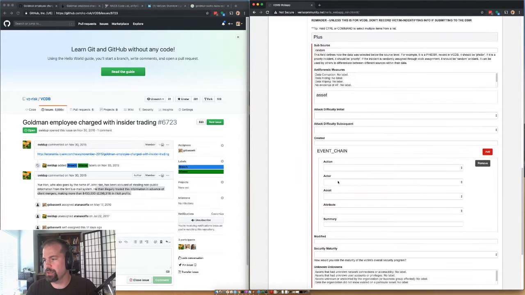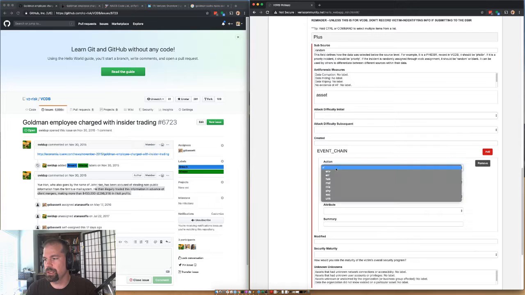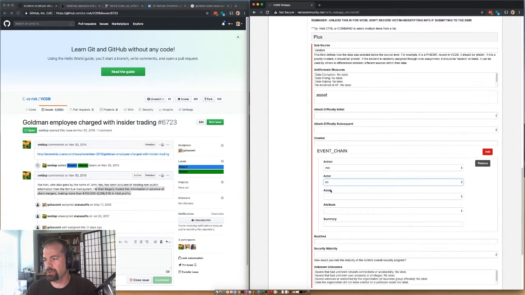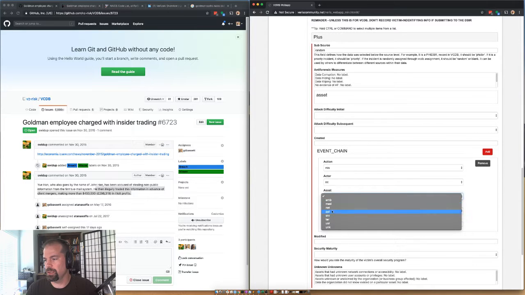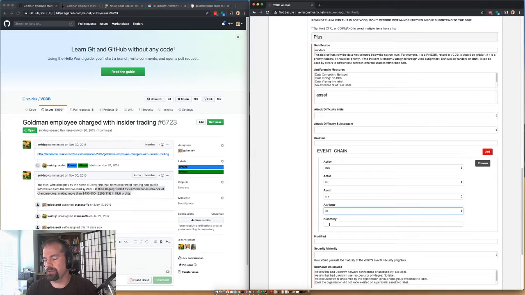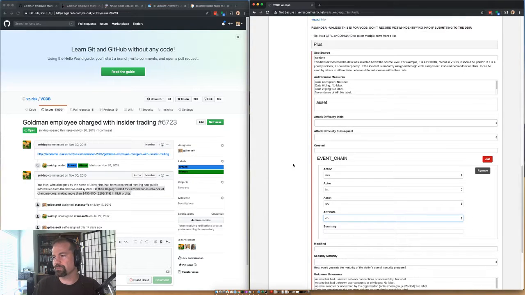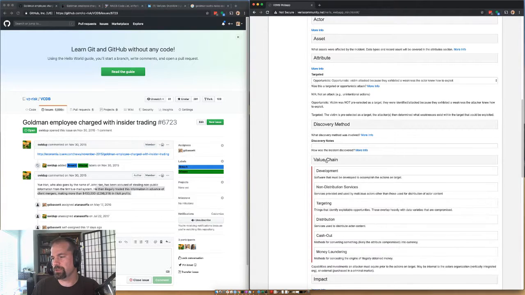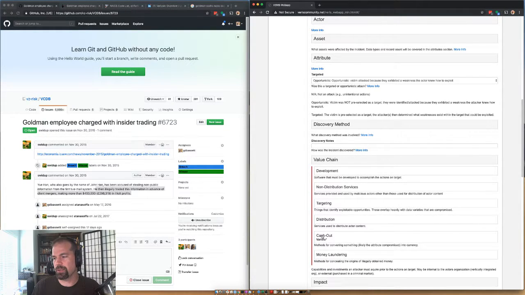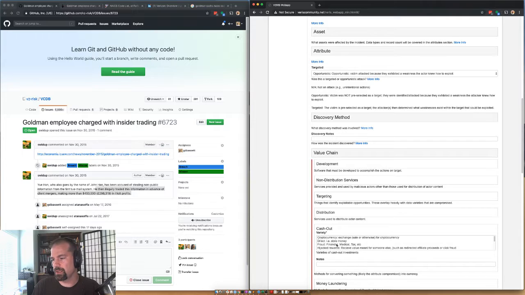We also need to go down here and do event chain. And this was really he misused his access as an internal person to an email server to breach confidentiality, and he directly then went and monetized it. Value chain: technically there's a cash out step here.